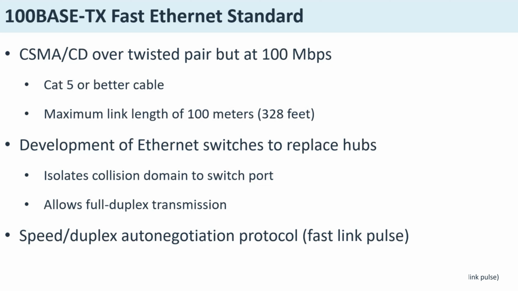Remember that a 16-bit data packet in the signal to advertise its service capabilities is a fast link pulse. A node that does not support auto-negotiation can be detected by one that does, and is sent ordinary link integrity test signals, or normal link pulses. Fast Ethernet would not be deployed on new networks, but you may need to maintain it in legacy installations.